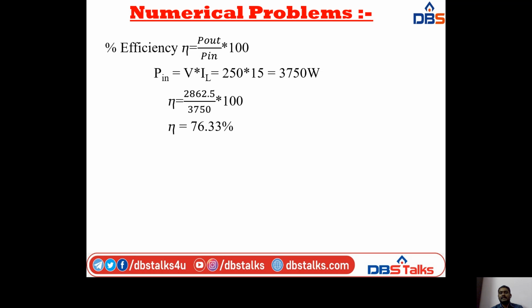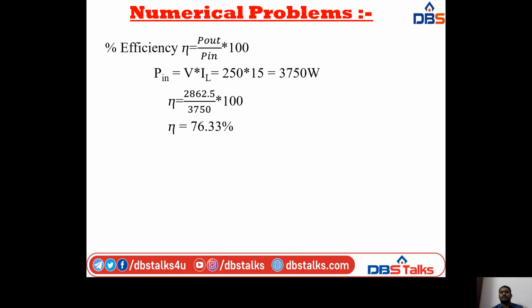That is the formula to calculate the input power of a DC motor, which is electrical power. In the problem they gave the supply voltage as 250 and line current as 15. Finally we have the input power, that is 3750 watts.